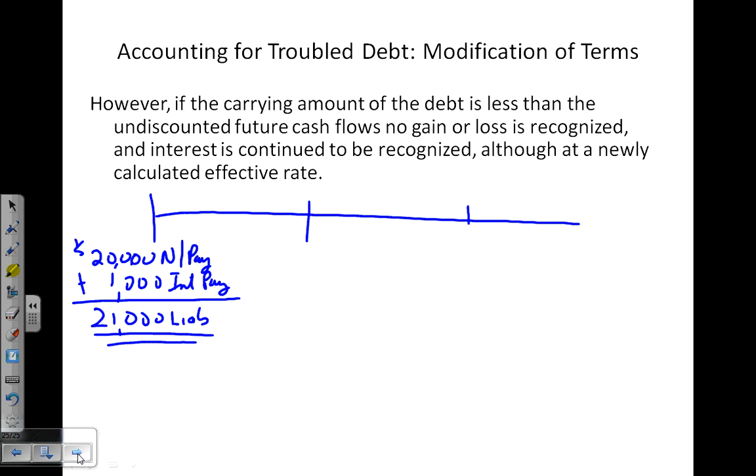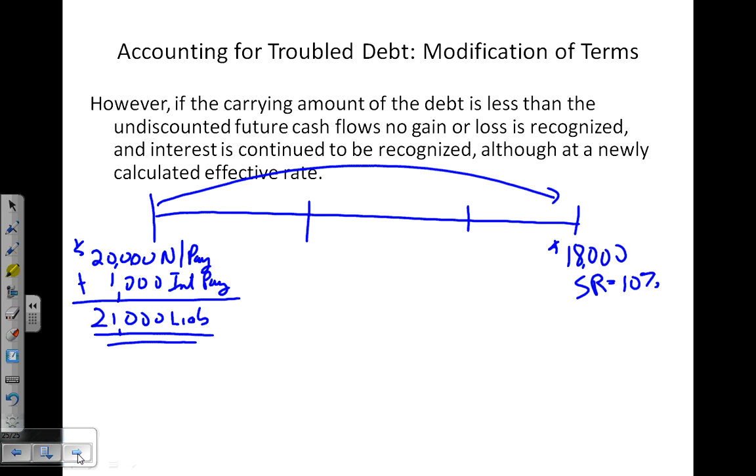And the bank says, okay, so because you can't pay it, we'll extend the term 3 years. What we'll do is we'll reduce the principal to $18,000. You only have to pay back $18,000, and we'll reduce the stated rate to 10%.